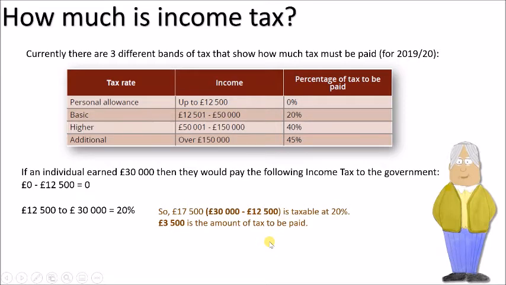Finally then, this is how we do it. This person earns, might be Ethel, there you go, it's Ethel in the corner. Ethel earns 30,000, she has 0 to 12,500 income tax free, and then on the 17,500, that second slice, she needs to pay 3,500 in income tax, and that leaves her with 26,500.